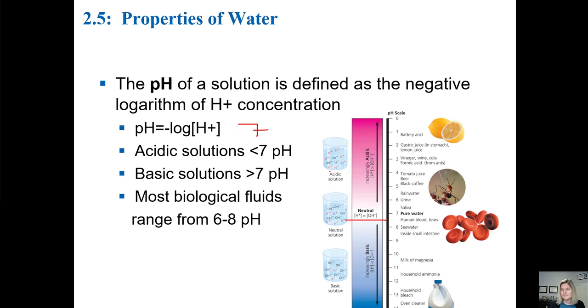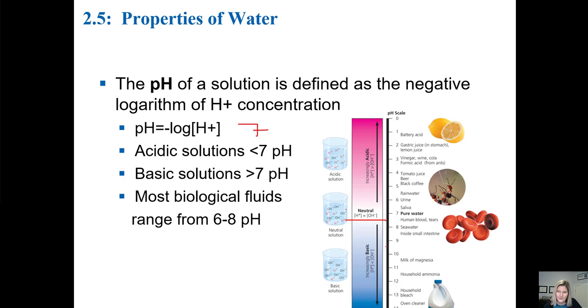Okay. And so the higher the concentration of hydrogen, the more concentrated hydrogen ions get, the stronger the acid, the lower the pH. Okay. Basic solutions, it's the opposite. So the lower concentration of hydrogen, more hydroxyl groups.